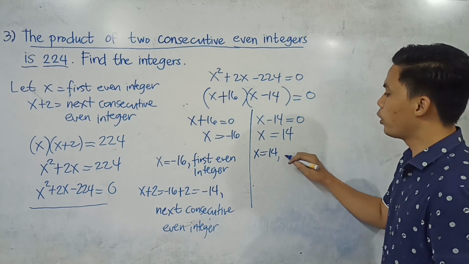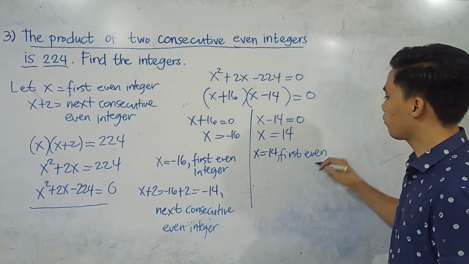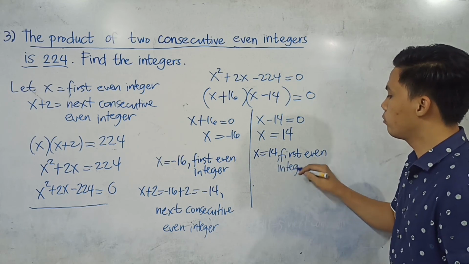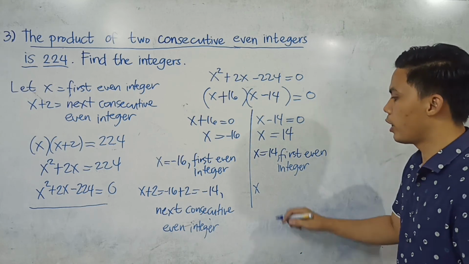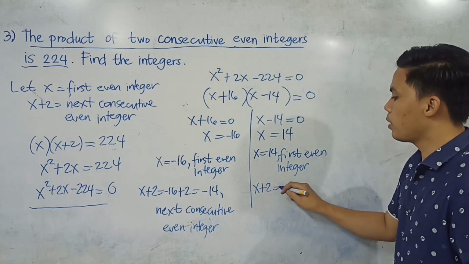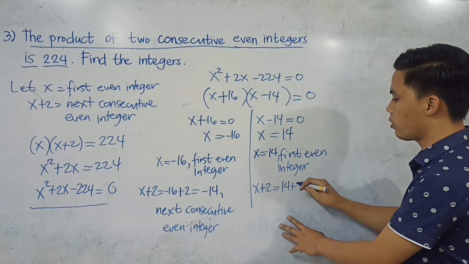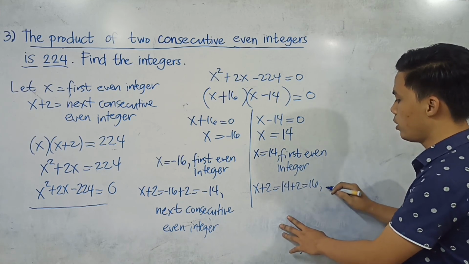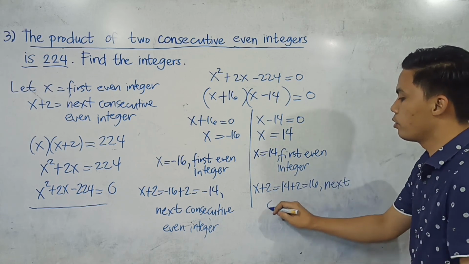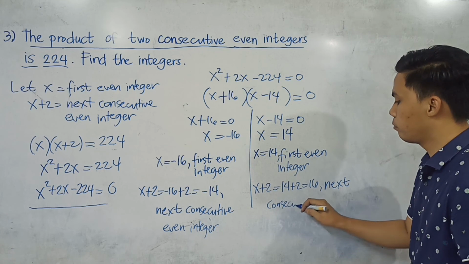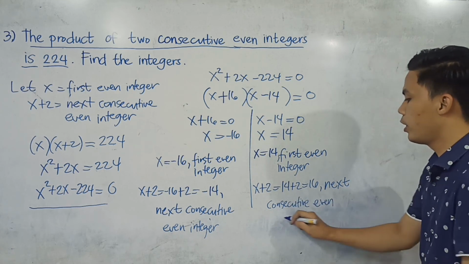So kung 14 yung first even integer natin, ang next consecutive even integer natin would be x plus 2. So ang x ngayon magiging 14. 14 plus 2. You will have 16. 16 would be the next consecutive even integer.